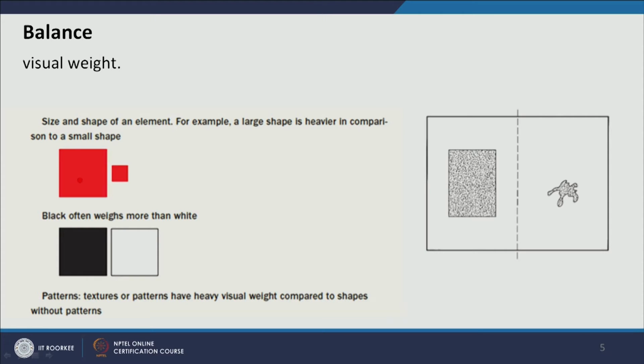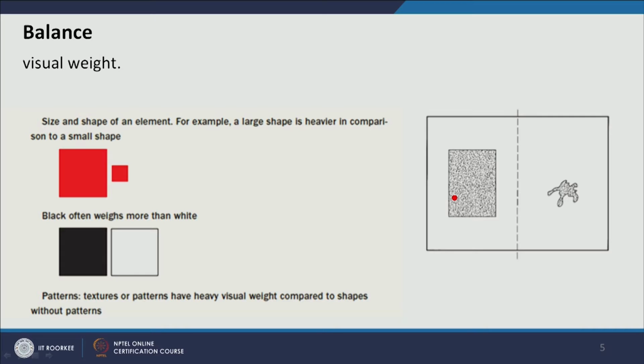The bigger red square definitely has a heavier visual weight, and on the other hand the small red square has less visual weight. So if we take a composition and put a bigger red square on one side and a small red square on the other side, the side with the bigger red square will definitely be heavy.